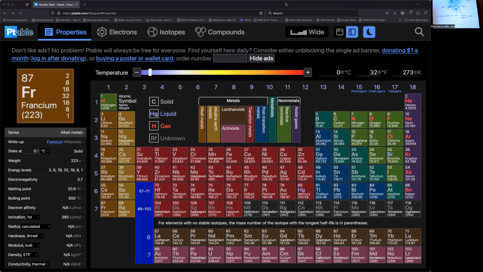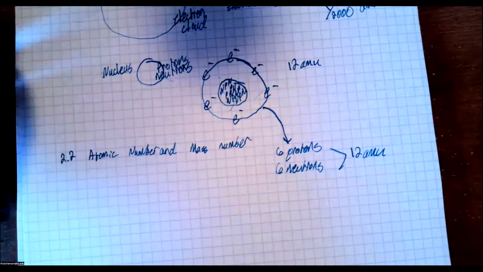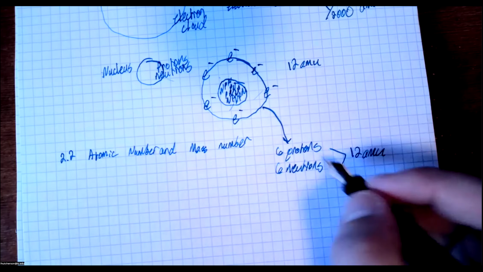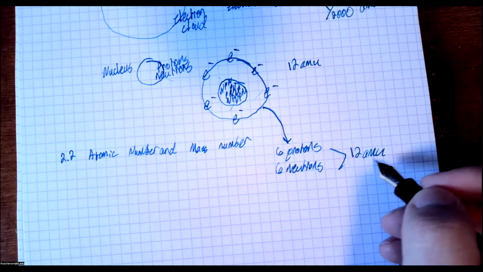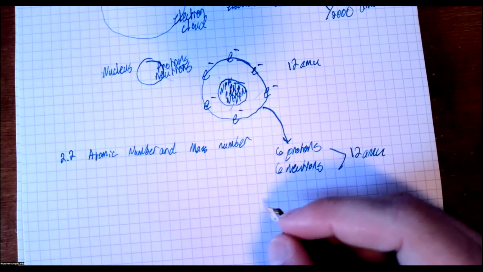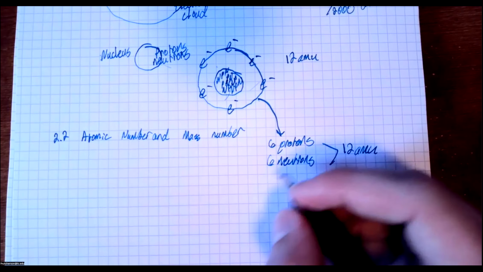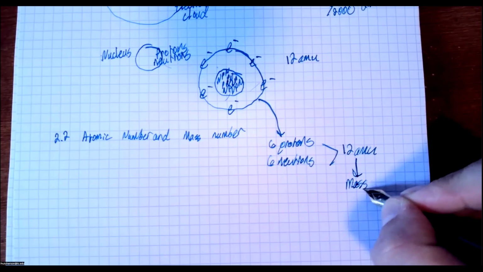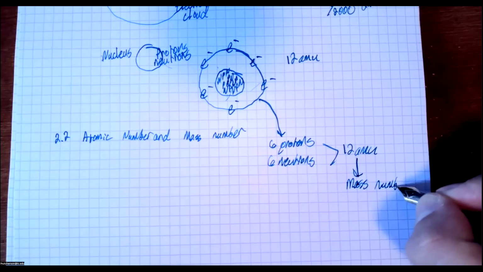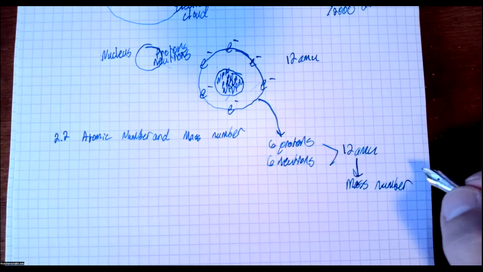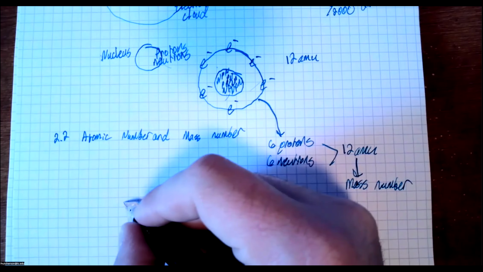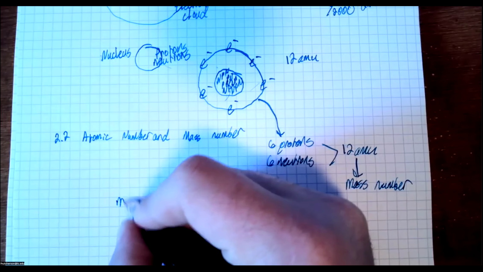Now, if we revisit this, we talked about this particular atom, which we know now is a carbon atom. We know that this particular atom has a mass of 12 AMUs. Okay, this is called the mass number. Now, we find the mass number by adding the number of protons and the number of neutrons.